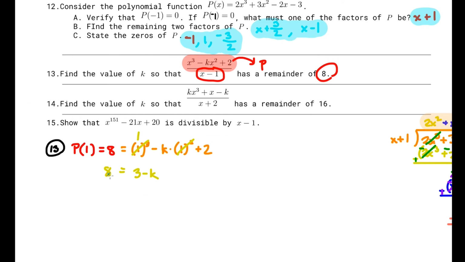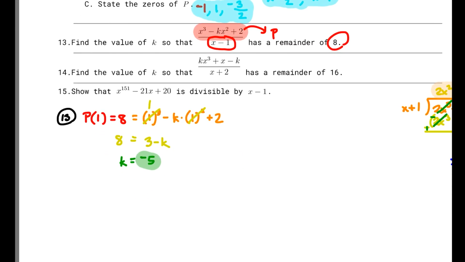I'm going to add 8 to one side, subtract 8 to the other, and you're left with 3 minus 8, which is -5 for your value of k for that one. Okay, now if you did long division and worked that all out and then set the remainder equal to 8 and solved, you would still get k is equal to -5, but as you can see using remainder theorem, it goes a lot faster. Okay, number 14 is a similar style problem where you're trying to solve for k.